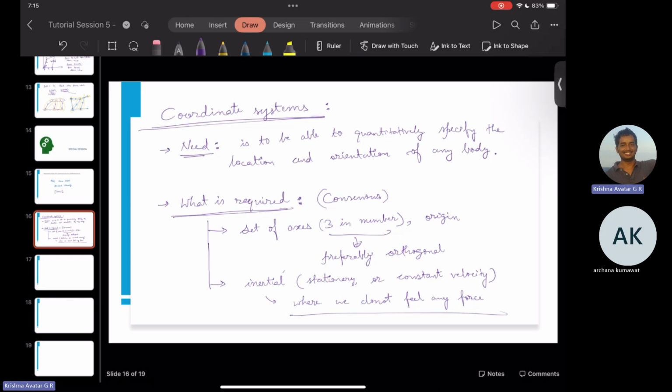So that is what is required for coordinate systems: a set of three axes and an origin. This is the basic requirement. Oftentimes you will find people denote any coordinate system as O, which means origin, and some axes e_x, e_y, and e_z, if we are dealing with a Cartesian coordinate system.